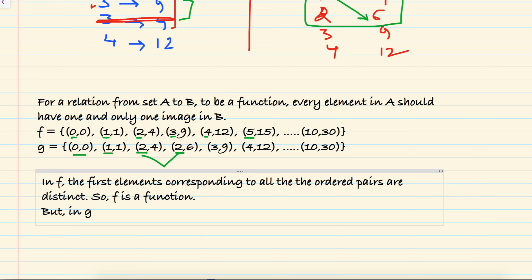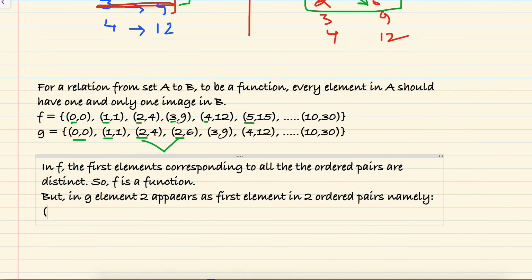But in G, element 2 appears as the first element in two ordered pairs, namely 2 4 and 2 6.